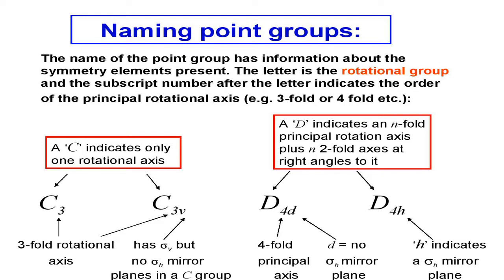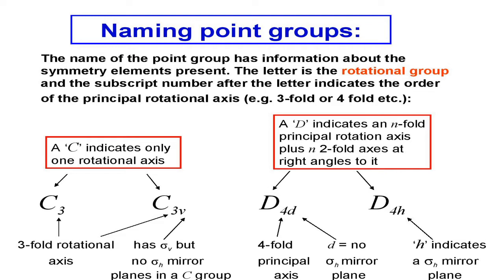That is, instead of arranging the atoms, you have to look for the principal axis plus perpendicular C2 axis. So D4D means it contains perpendicular C2 axis. 4 means fourfold principal axis. D means there is no sigma H mirror plane, that is horizontal mirror plane.